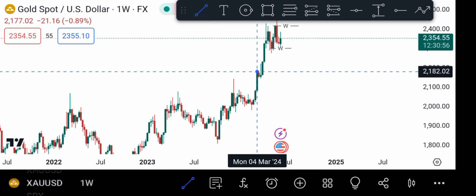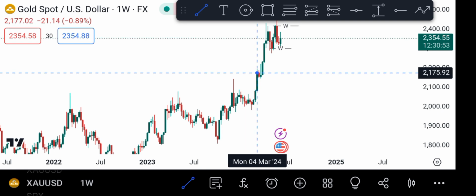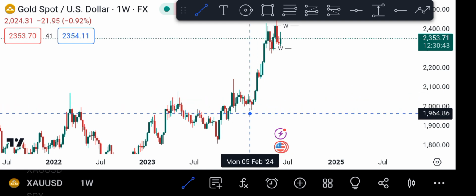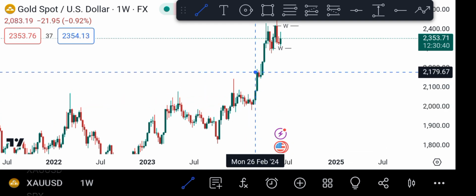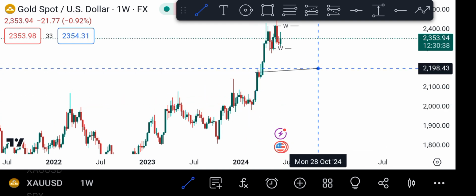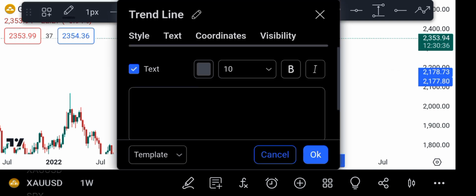But here you have a high, but this high was taken out already. So will I really consider this place as a high? Nah. Well, let me just mark it out, because here also was a high.